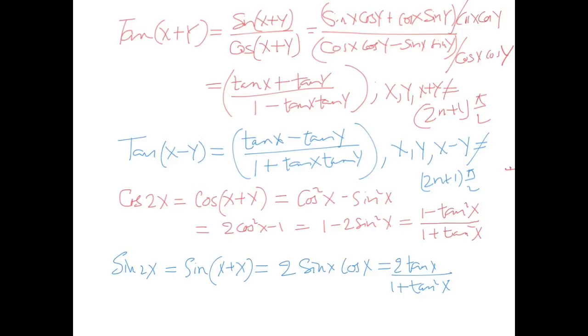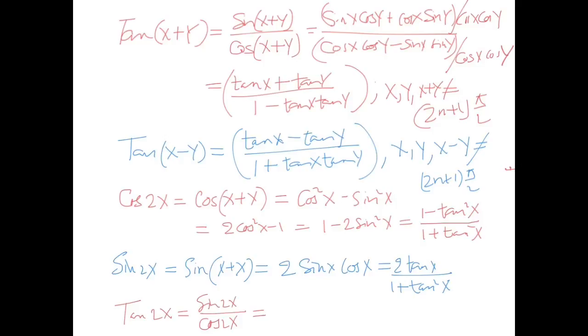Now we can write tan 2x. Now this is nothing but sin 2x by cos 2x. So we simply substitute the expressions for sin 2x and cos 2x, which we had derived in terms of tan x.